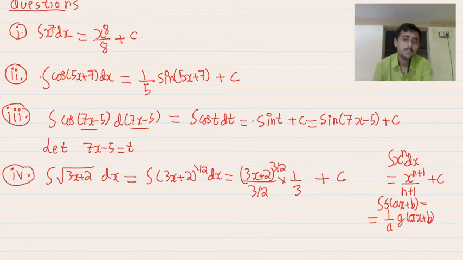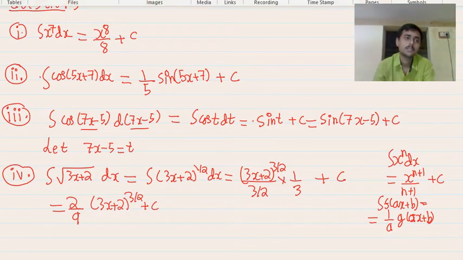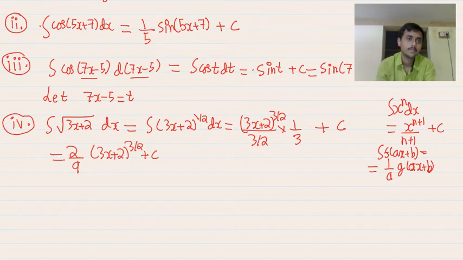So we are using both of these formulae in tandem. So our result becomes 2 by 9 times (3x plus 2) to the power 3 by 2 plus c. Let's proceed to the next question.